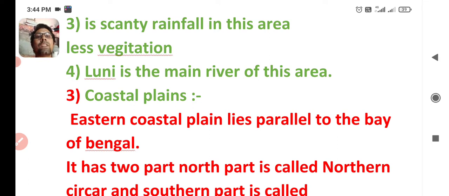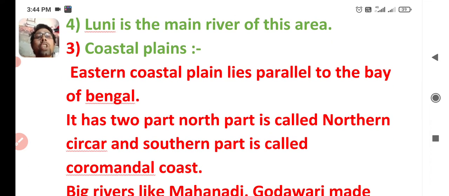The next major physical division is the coastal plain, the fifth major physical division. There are two parts, the Eastern coastal plain and the Western coastal plain. Firstly we are going to read about the Eastern coastal plain. The Eastern coastal plain lies parallel to the Bay of Bengal. As you know, the Bay of Bengal is located in the eastern part of India, so that's why the Eastern coastal plain lies parallel to the Bay of Bengal.